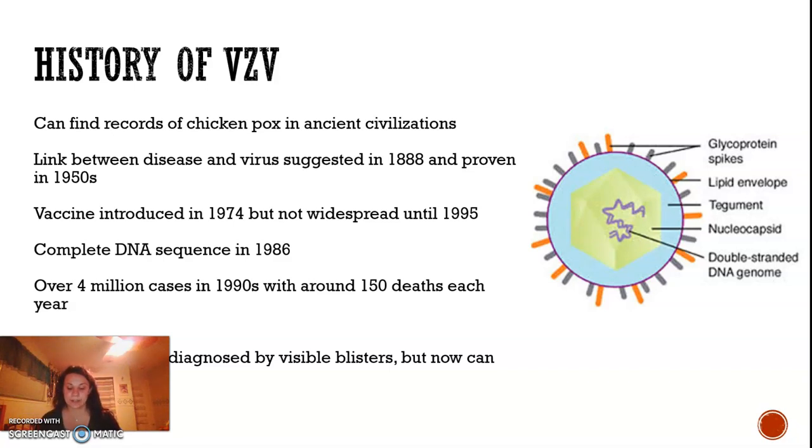The completion of the DNA sequence allowed for alterations of the DNA so that it does not reproduce itself as much in the body, reproducing only about 20 times when introduced through a vaccine, which is not enough infection to cause symptoms, but enough for the body to create antibodies.